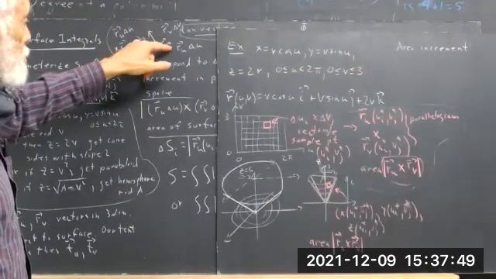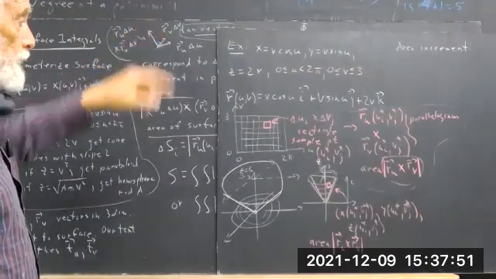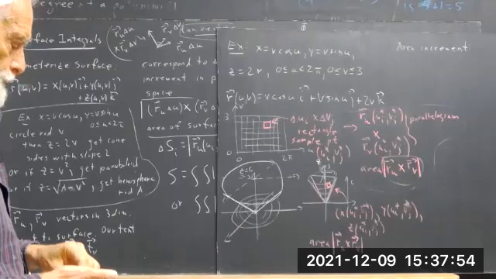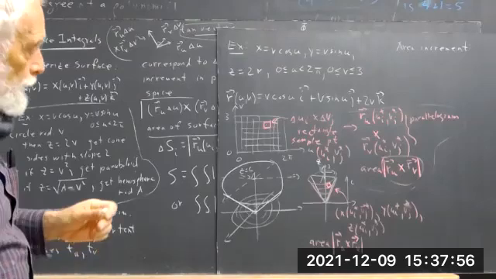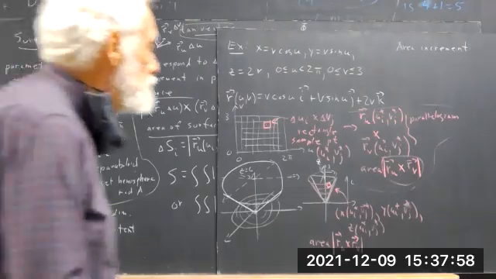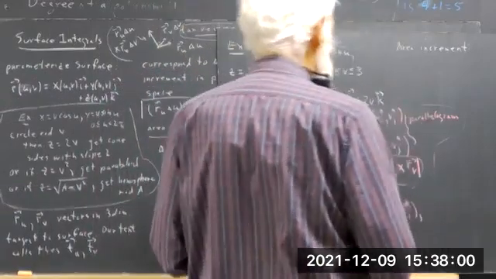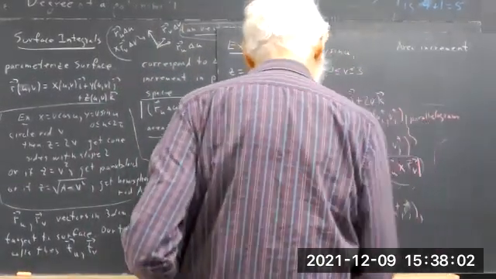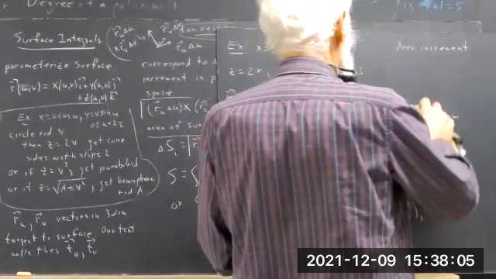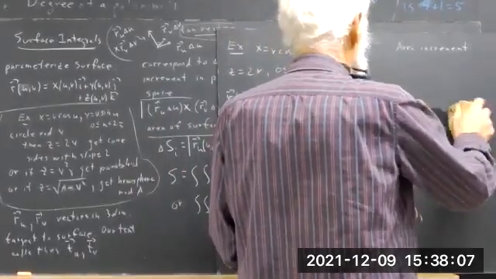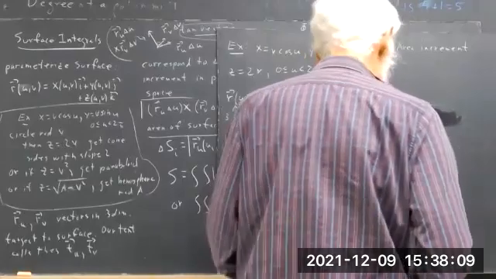Here's our RU delta U, and our RV delta V. And shucks, I left something out here. Got to fix it. I'm going to smudge a little bit.